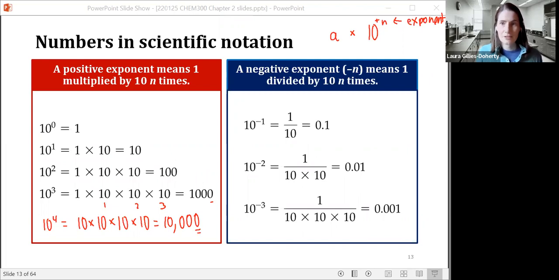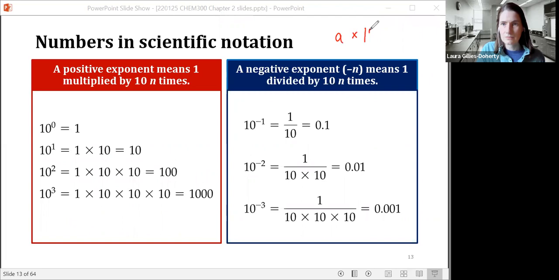If you have a negative exponent, like 10 to the negative 1, a negative exponent means that it's 1 divided by 10 times itself as many times as the exponent shows.